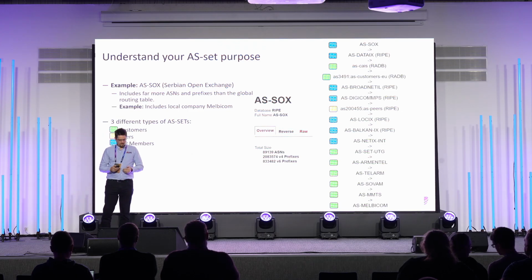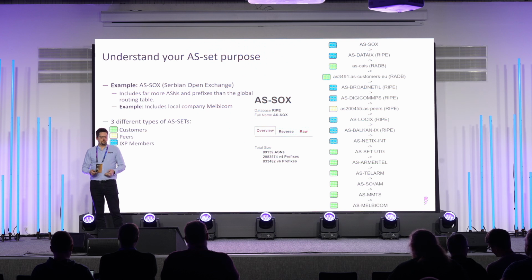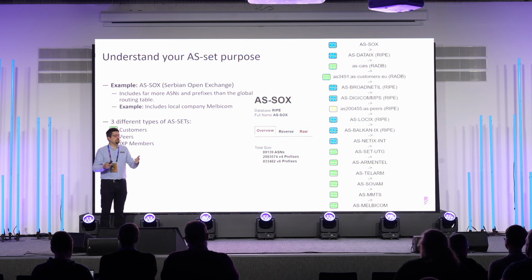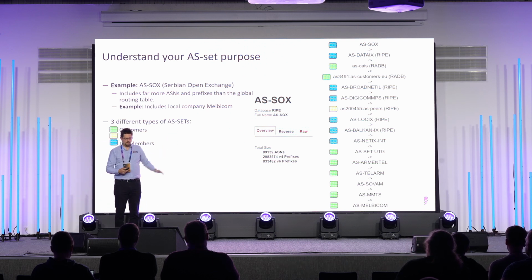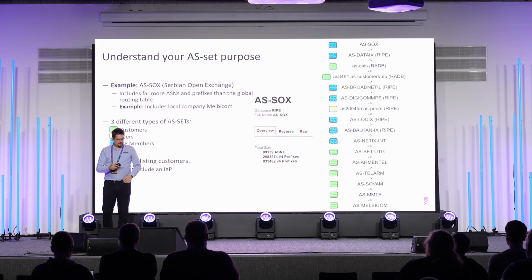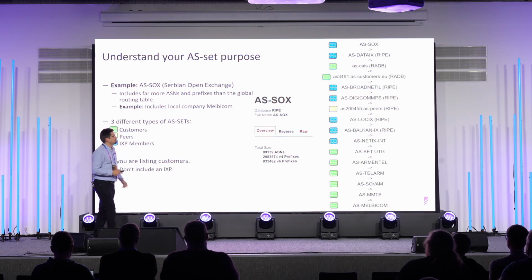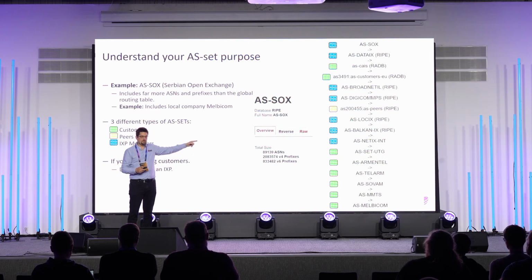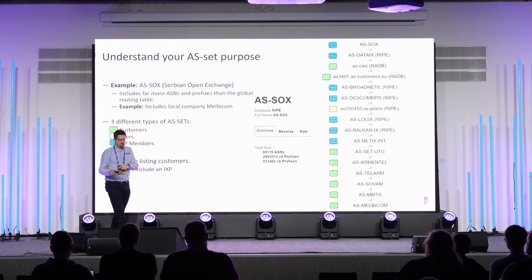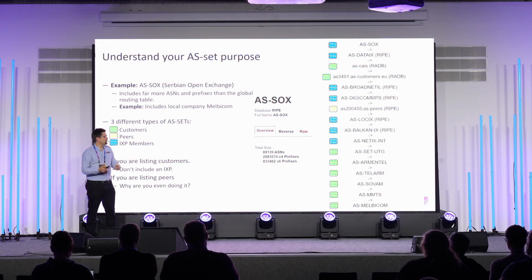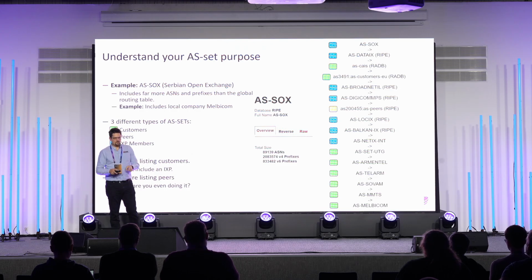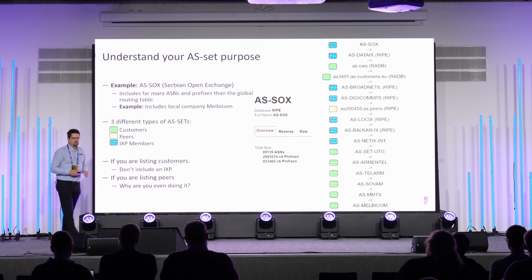So, some tips for you when you are trying to avoid all of this. If you're listing your customers, then don't include your IXPs because they are not your customers. If you're listing your peers, then please come and talk to me, because I want to know why you would even be doing that.